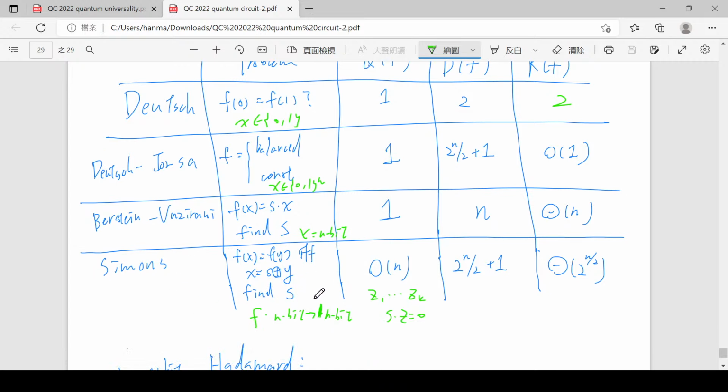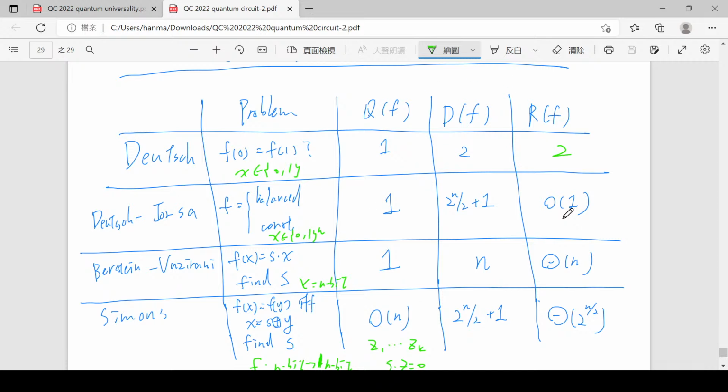It's like collision finding, but with some structure. So the function is promised to have collisions: f(x) equals f(y) if and only if x equals y or x equals y plus s, where this is addition in binary. And they want to also find this hidden string s. Okay.